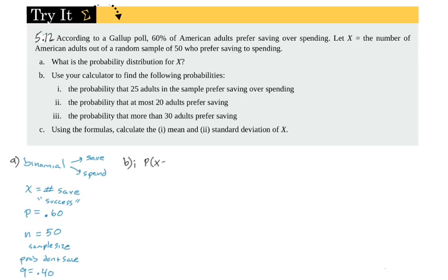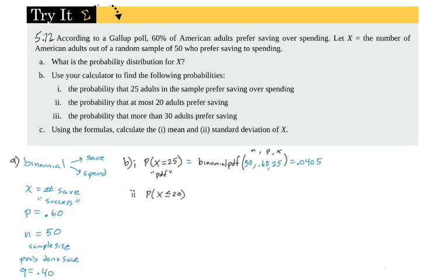Okay, for part B, we want the probability that 25 adults in the sample prefer saving. So this says exactly 25, so we're going to go ahead and use a PDF in this case. Our sample size, probability of success, and 25. And if you plug that into our calculator, that should spit out what we have there.